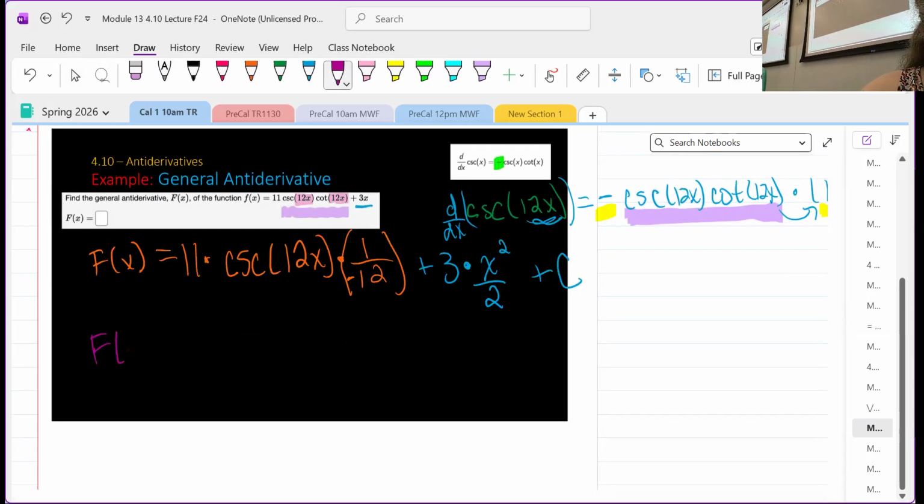Now just a little bit of quick cleanup. So that'll be negative 11/12 cosecant 12x plus 3/2 x squared plus c.